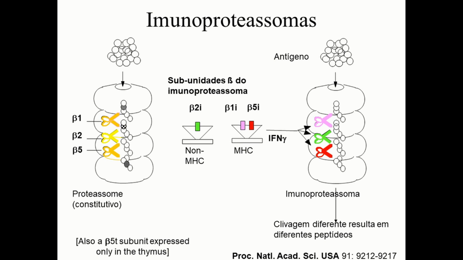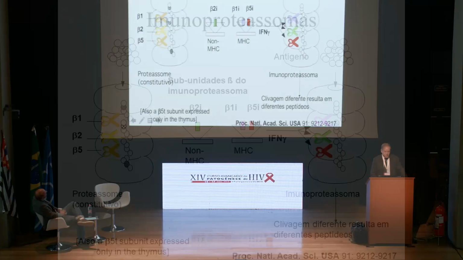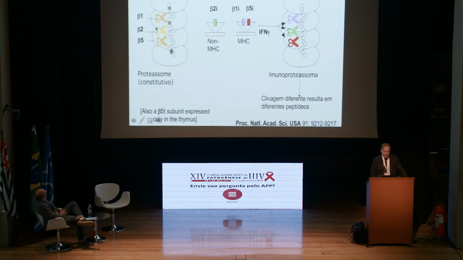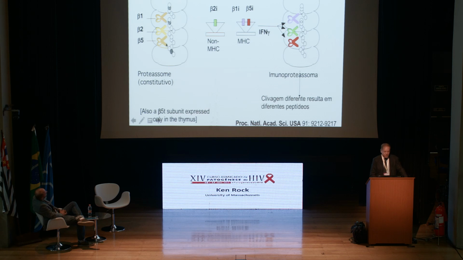So in this cartoon of a proteasome, I told you the active sites are present in the center here. There are 3 different ones, each encoded by a different subunit. And it turns out that when the immune system evolved, it generated 3 alternate forms of these active sites, some of which are encoded in the MHC on chromosome 6.